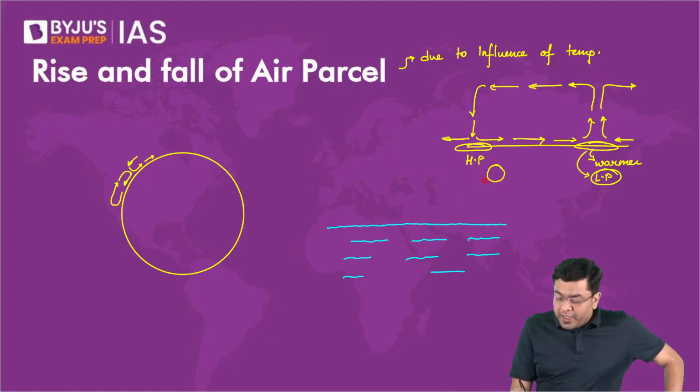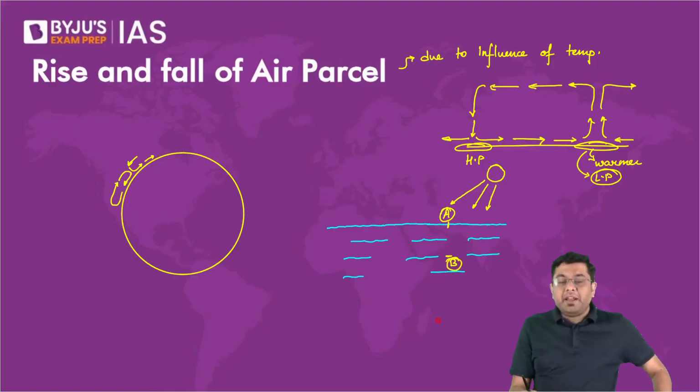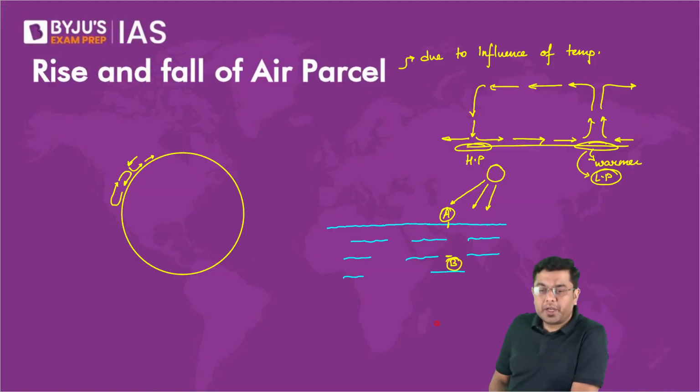Now, if the solar insolation is the prime source of heat, if we have arrived at that conclusion, if I ask you, out of the place, let's say A, and the place, let's say here B, which of them will indicate a higher temperature, A or B?